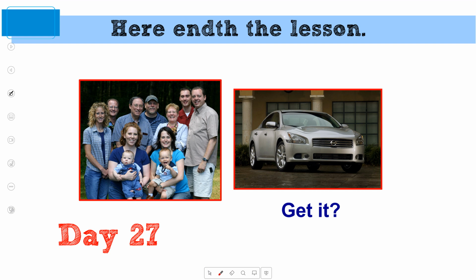Anybody? Oh, it's in these seven. What kind of Nissan? A sedan. And what's on the left? Family maximum.